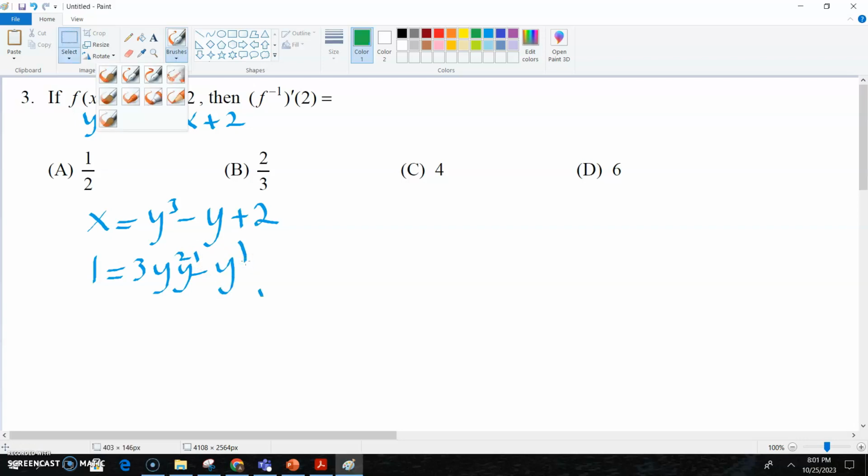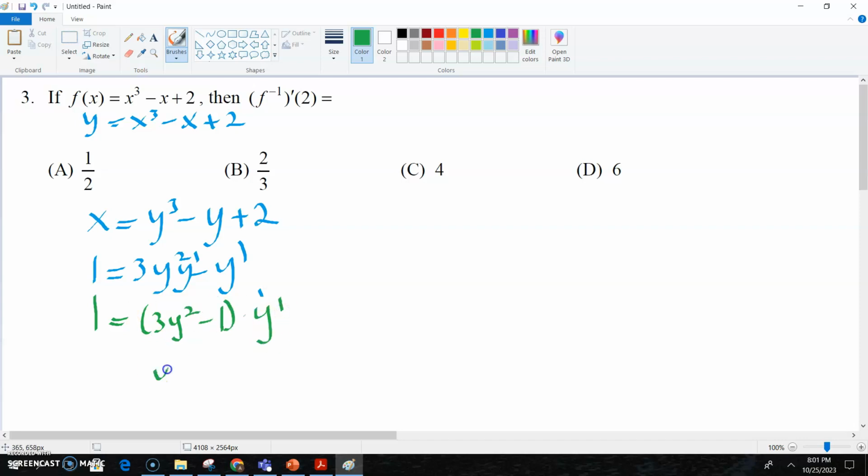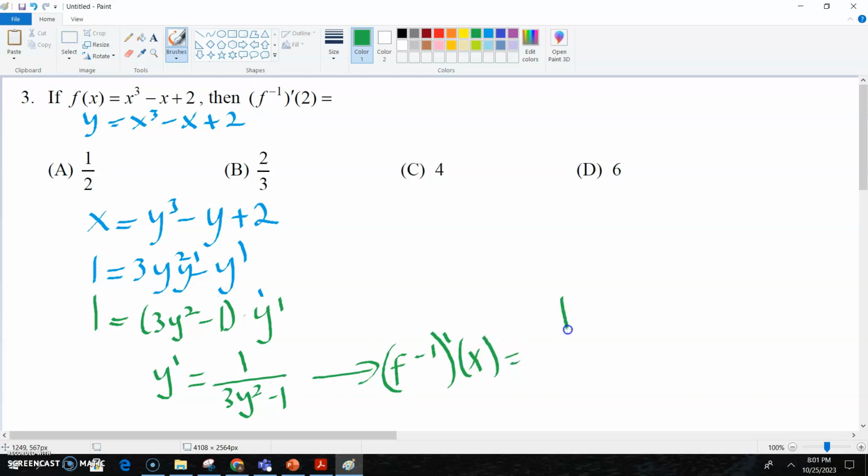All right, so now let's factor out the y prime. So 1 is equal to 3y squared minus 1 times y prime, or y prime is equal to 1 over 3y squared minus 1. Now, recognizing that y prime is the inverse function, we see that this is f inverse prime of x is equal to 1 over 3 times f inverse of x squared minus 1.